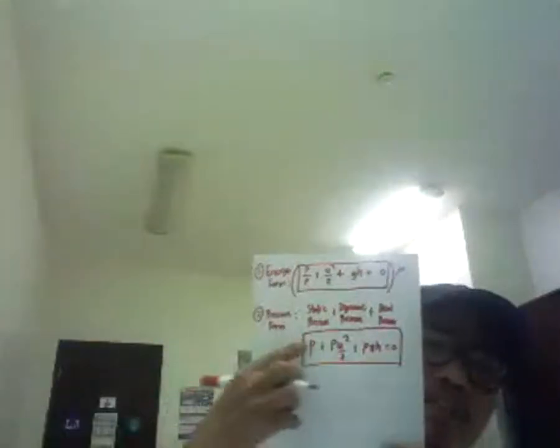We use this basic equation to put in the Bernoulli equation. Pressure plus density U squared over 2 plus gravity density times H is equal to 0.